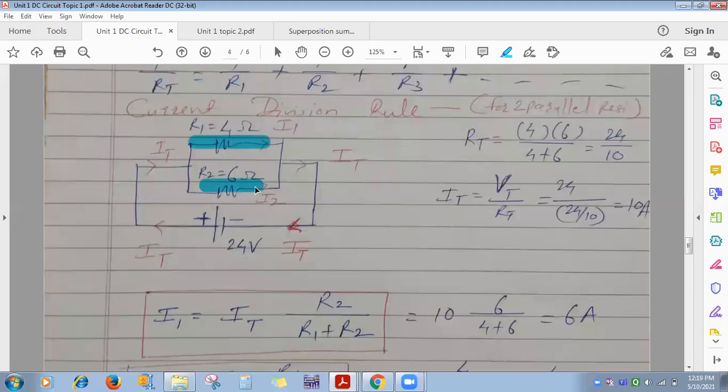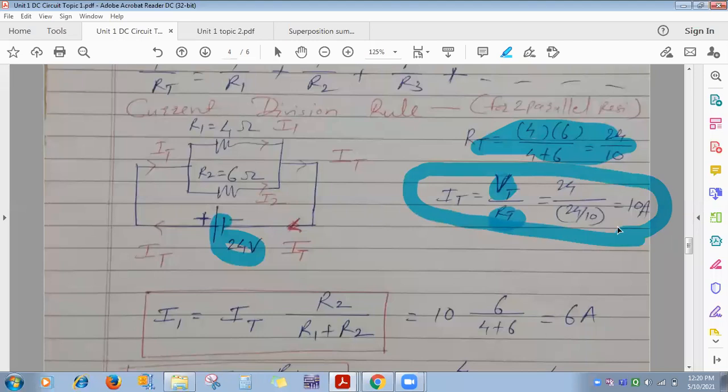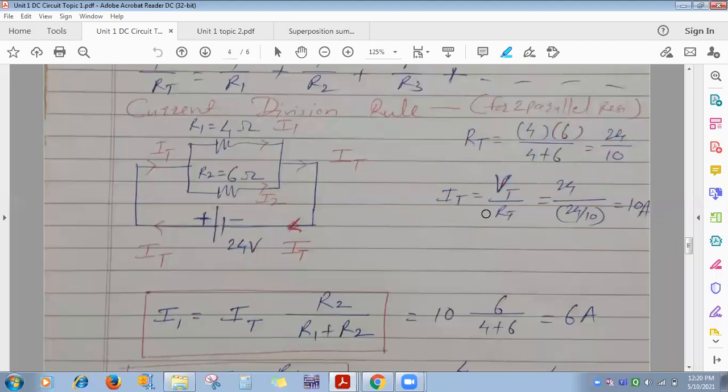So what does the current division rule say? See here, the total voltage you know is 24 volt. For total resistance, 4 and 6 are in parallel, so 24 by 10 you will get, and using total voltage divided by total resistance you can find the total current, 10. Now you got what I am telling you about how to apply current division. For that, what is required?